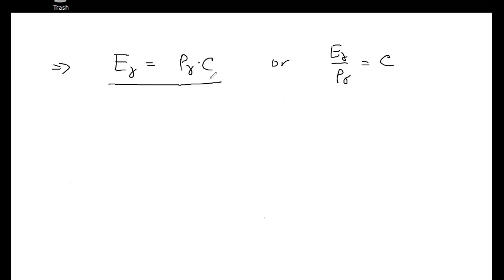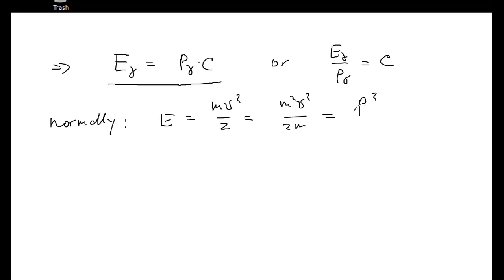This is strange. What is the normal relation between energy and momentum? Normally, we would say energy equals mv squared over 2. Or we can say m squared v squared over 2m. I'm going to just multiply by m and divide by m.